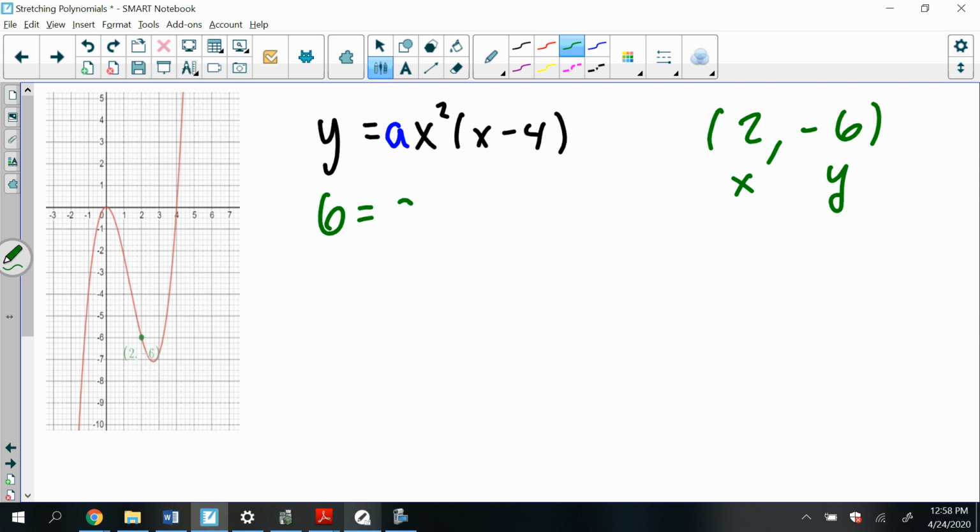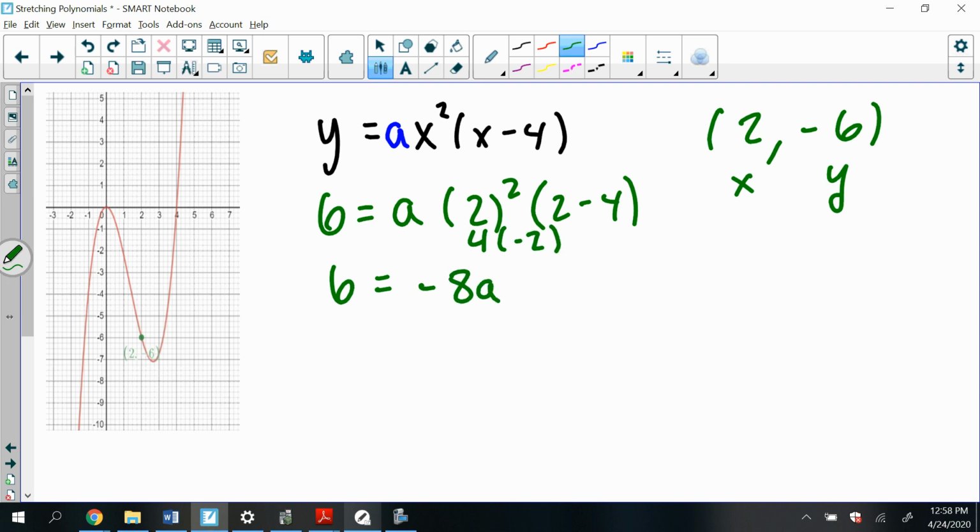So -6 equals a times 2 squared times 2 minus 4. And we've got to show our work for these. So -6 equals, well, this becomes 4 times -2, which would be -8a. So the 4 times the -2 is -8 and an a.